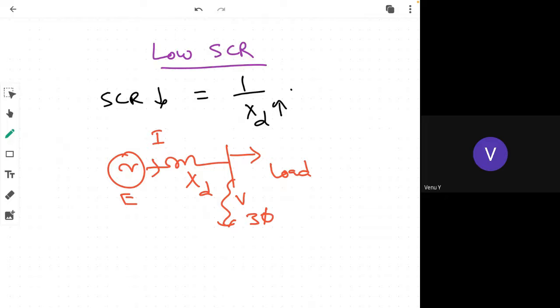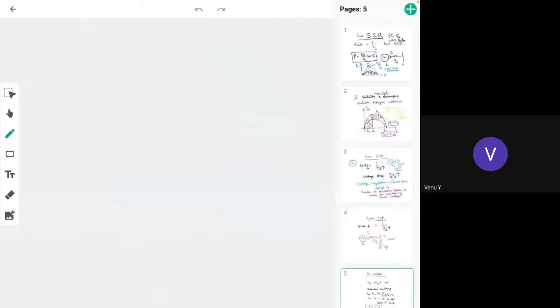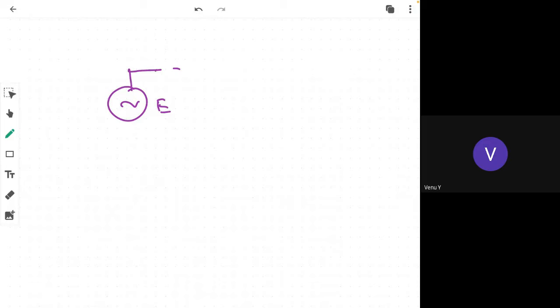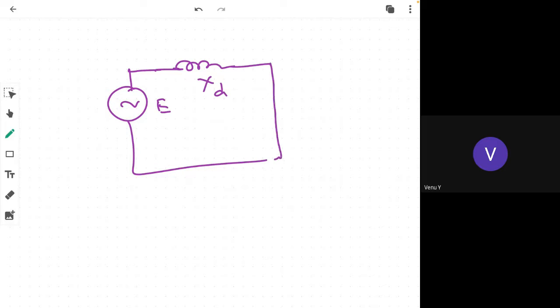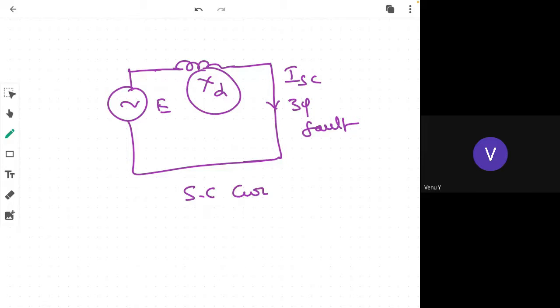The fault current is flowing through the circuit. So this is the E, XT, this is the fault, three-phase fault. This is the short circuit current. Now, short circuit current is limited by XD. So therefore, short circuit current will be decreased due to low SCR. This is the advantage.